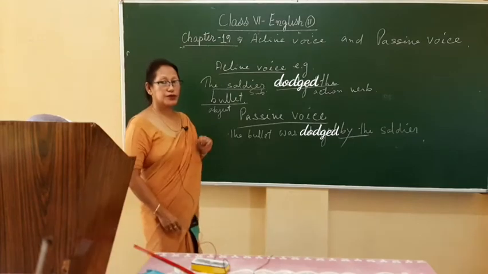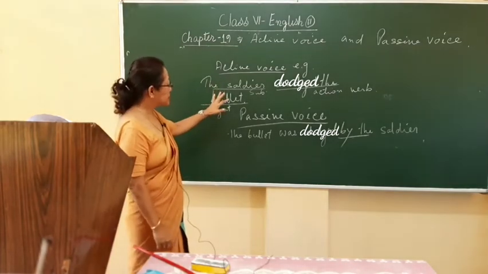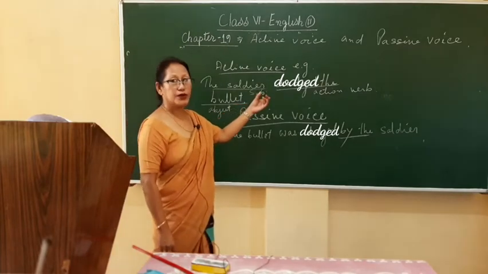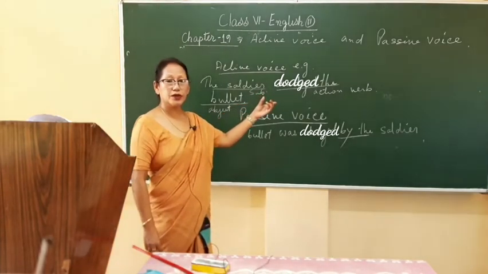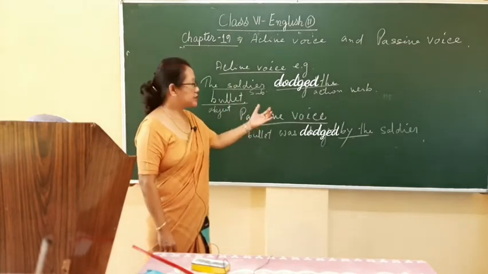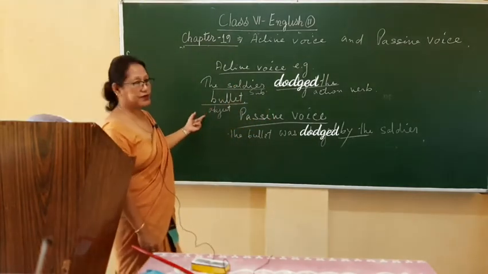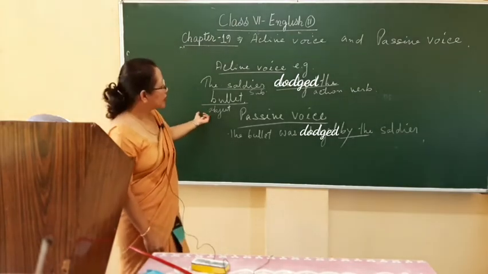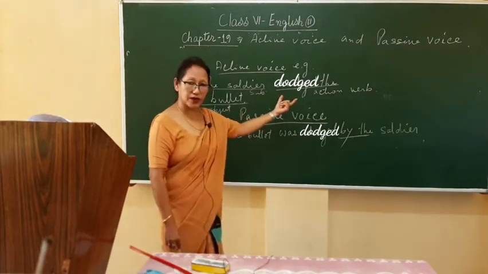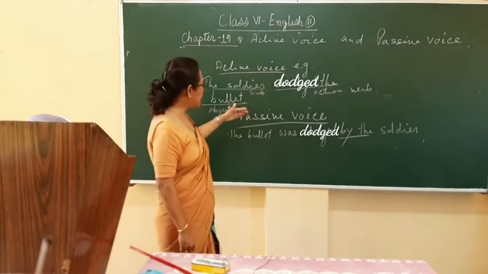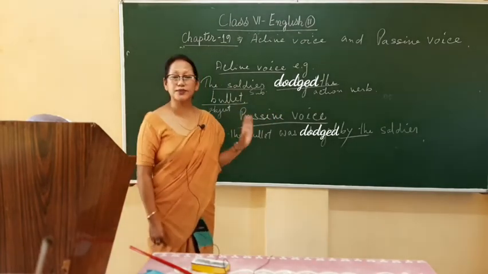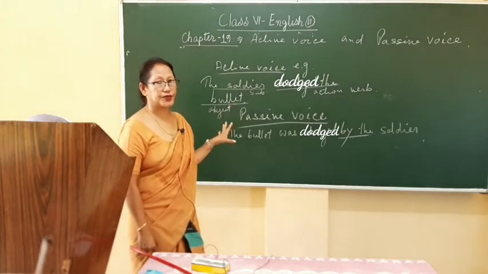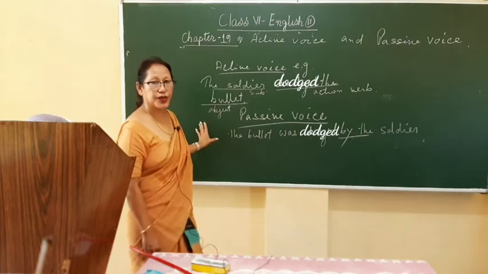The soldier. So, soldier is the subject. And what did he dodge? He dodged the bullet. The bullet is the object, and dodged is the action verb. This way you can find out the subject, object and verb in a sentence. This is active voice.